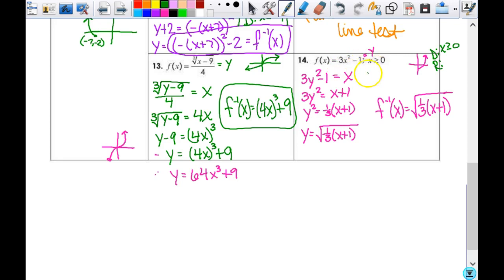But then it shifted down 1, so your y values would have to be greater than or equal to what? -1. So down here, your domain restrictions would have to be that the x's have to be greater than or equal to -1. Okay? Everybody okay with that?